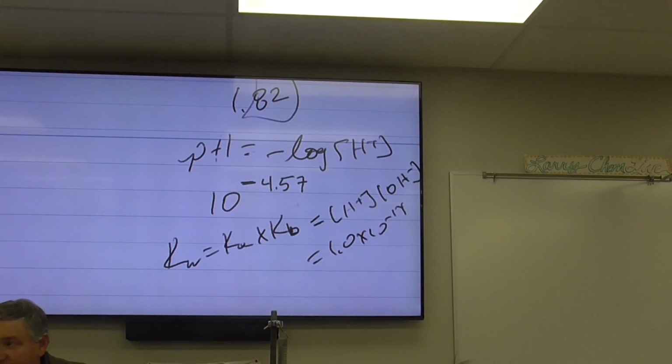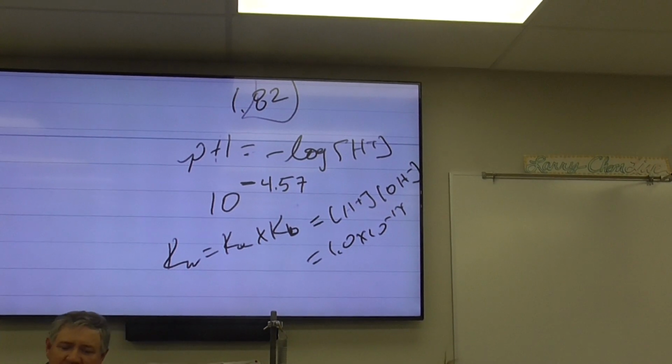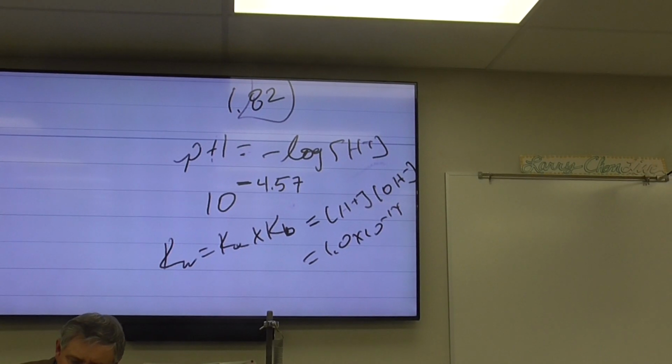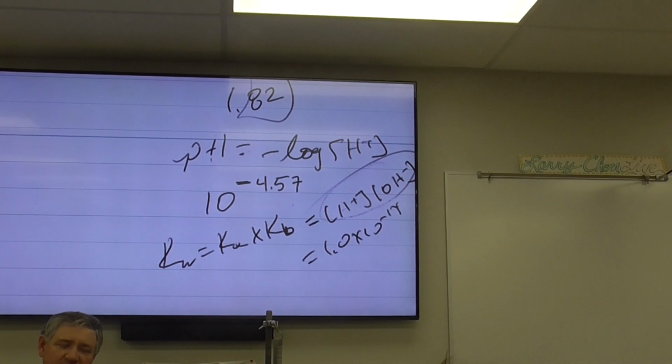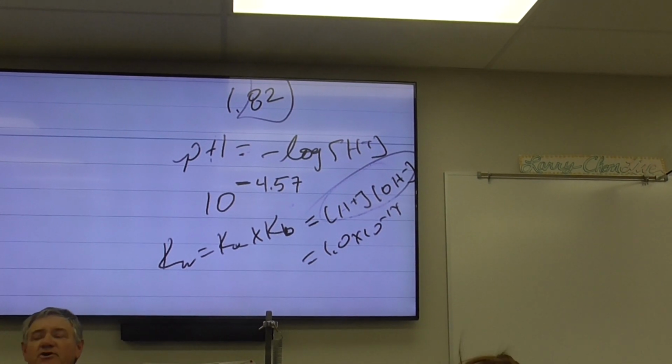Conveniently, Mother Nature wanted this to work out relatively easily. At 25 degrees Celsius, when you multiply these two concentrations together, you get a nice number of 1.0 times 10 to the negative 14.